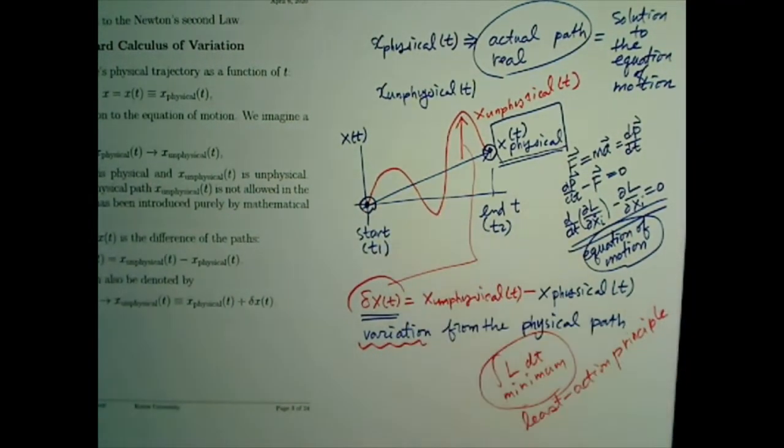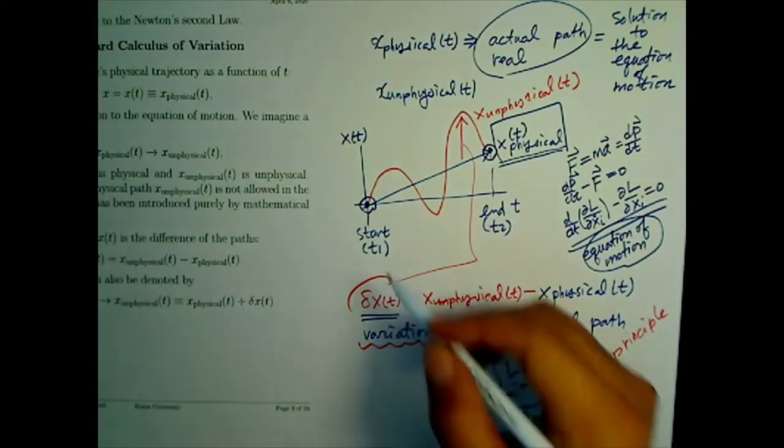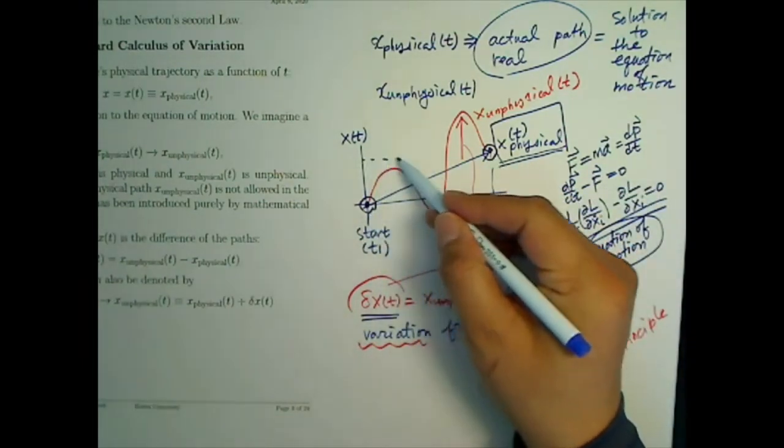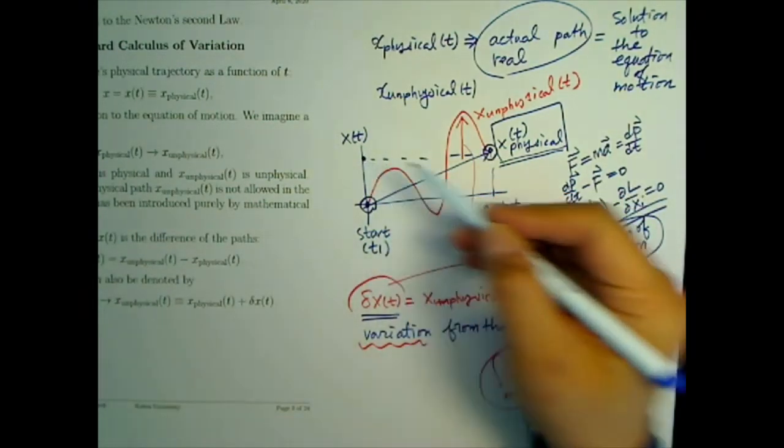And the blue straight line shows a straight motion. If there is no force, it goes straight, and the slope is the velocity. So let us assume that this particle starts at the origin and arrives at this point at time t2.